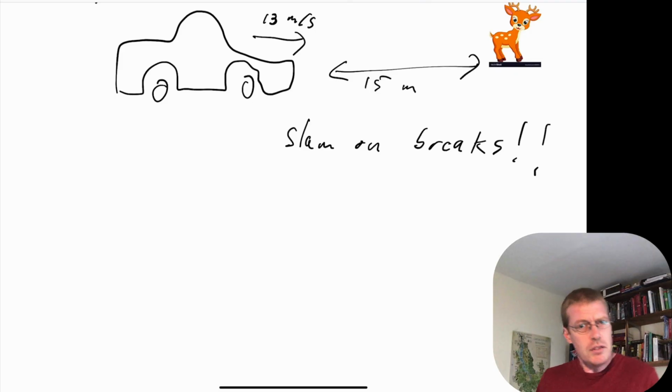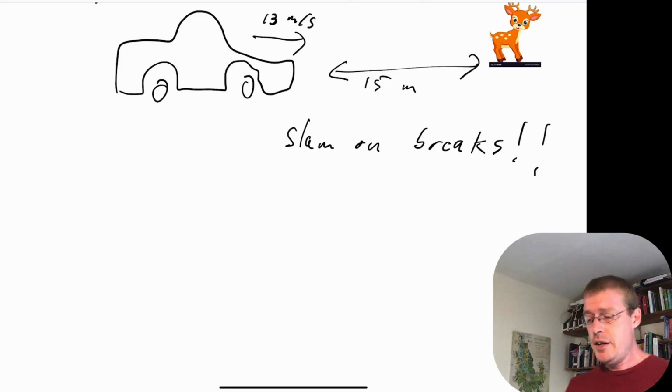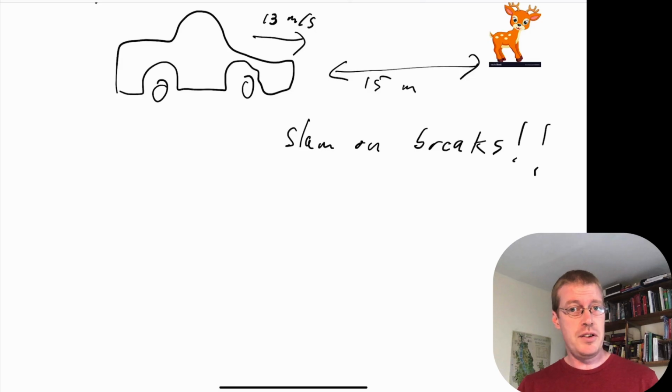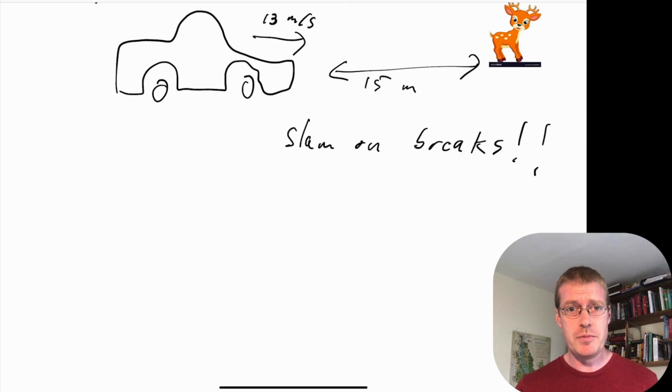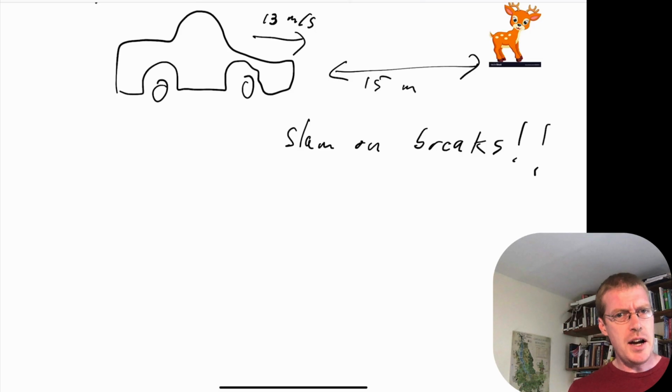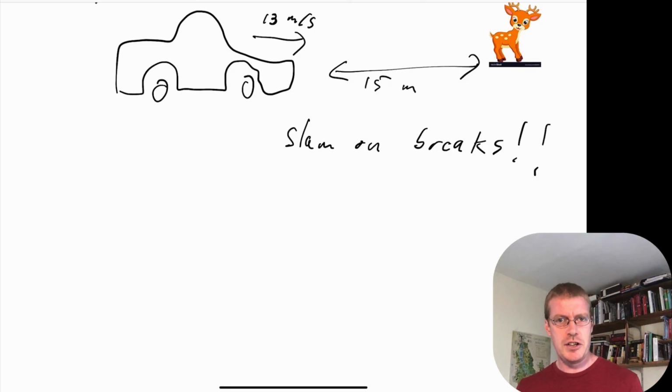Okay, so the acceleration of a car during braking depends on a lot of things. It depends on your tires, details of the auto-lock braking system controls. We'll learn more about this stuff when we talk about models of friction. But a car with decent tires can brake with an acceleration of around 7 meters per second squared.